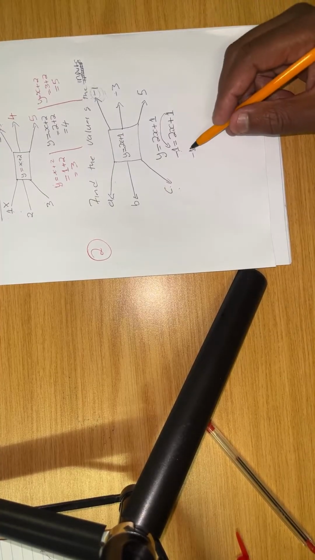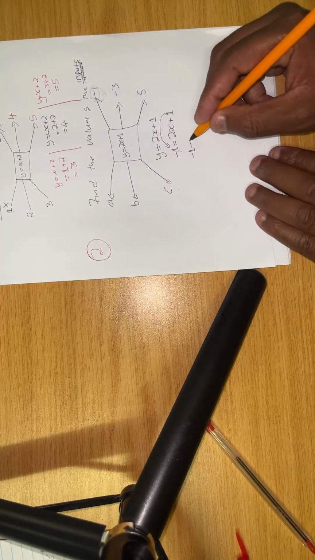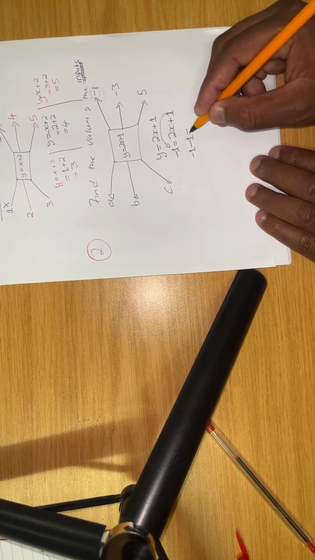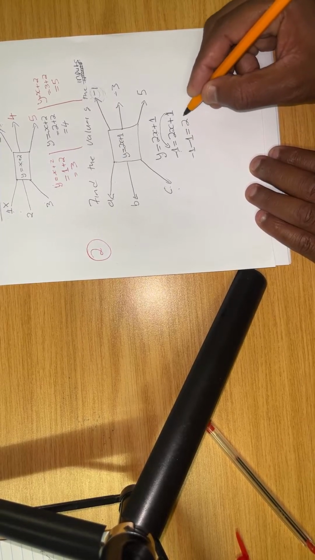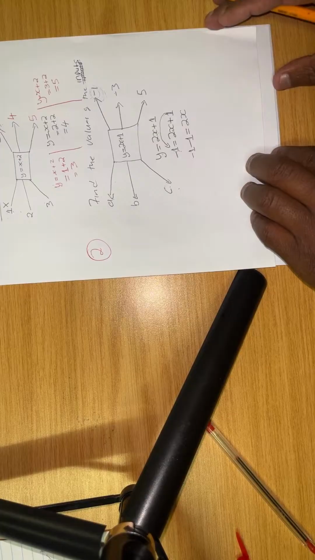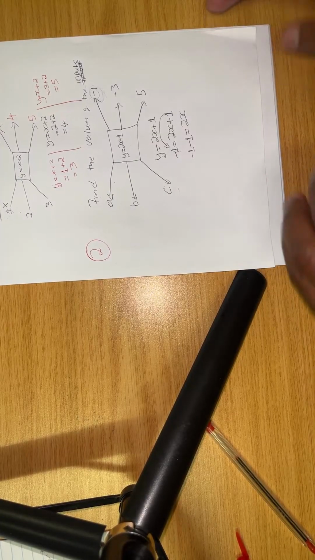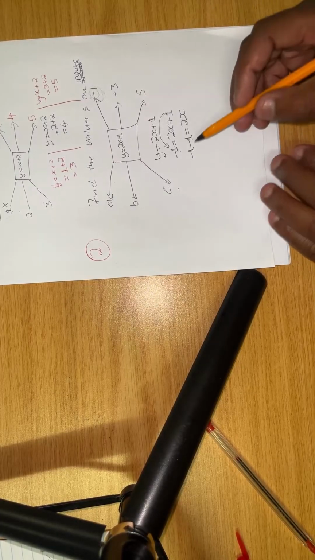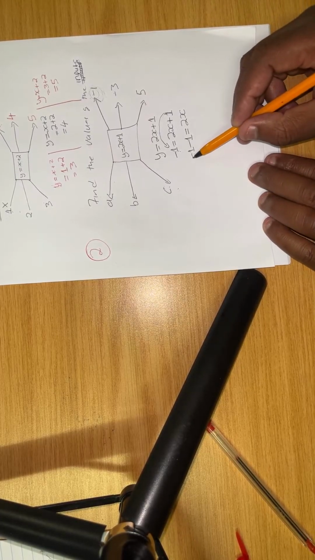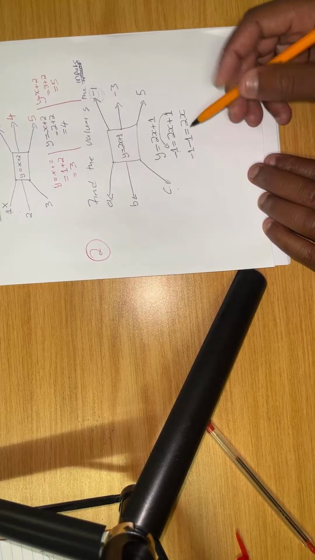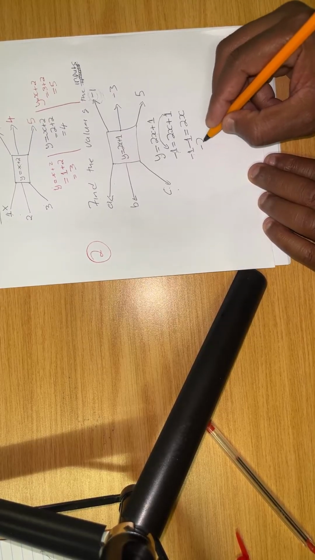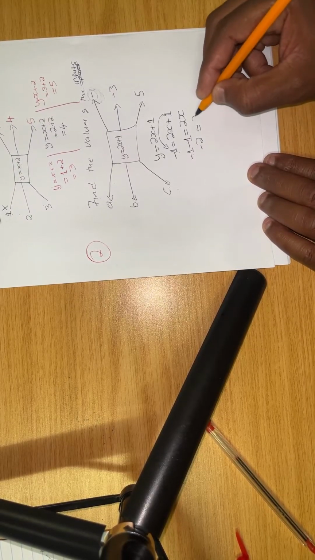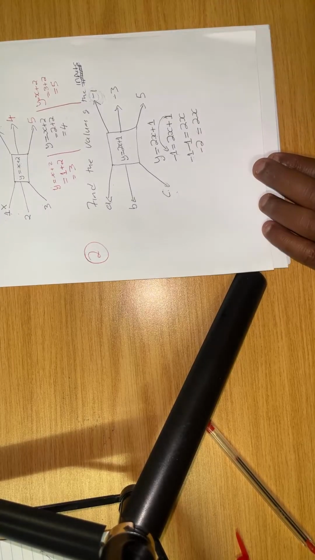So on the left-hand side it will be negative, minus 1 equals 2 times x. Now you add or subtract the like terms. You can use your calculator. -1 minus 1, we are getting -2, equals 2 times x.